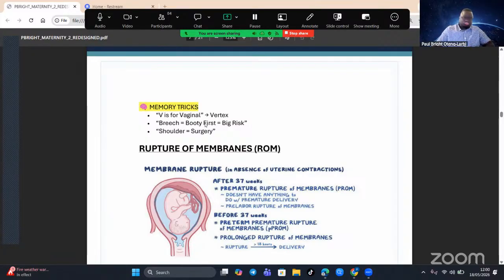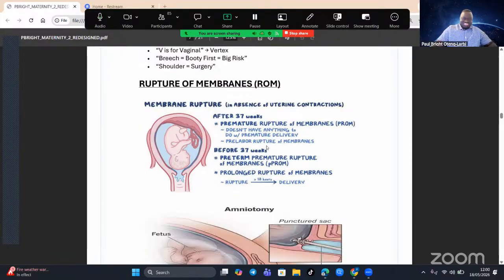Breech is the bottom, it's a big risk. Then shoulder is surgery. Those of you who want to know, these are some of the tricks we use when we're going to write NCLEX.